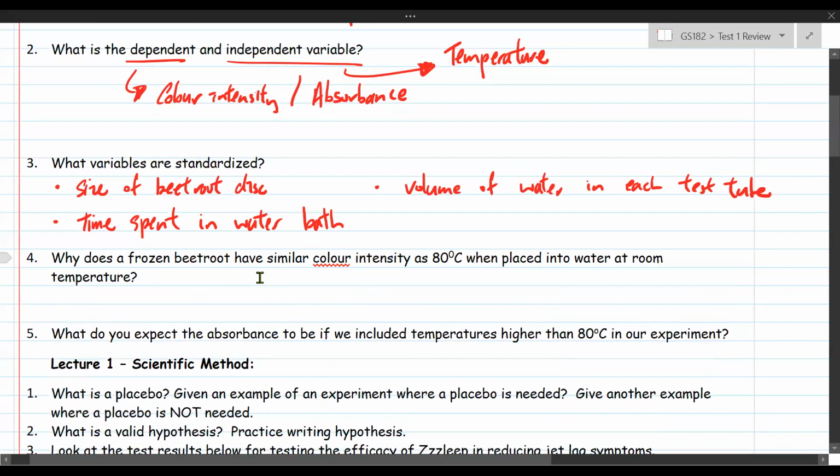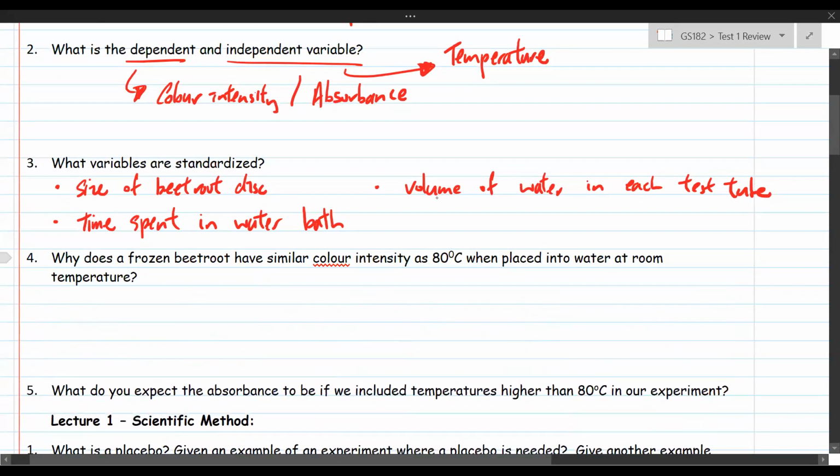Next, why does the frozen beetroot have similar color intensity as the 80 when placed in water at room temperature? This one I talked to you about in class. For the frozen beetroot, the ice crystals damage the cell membrane.